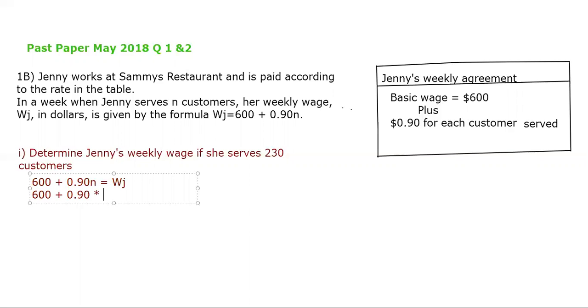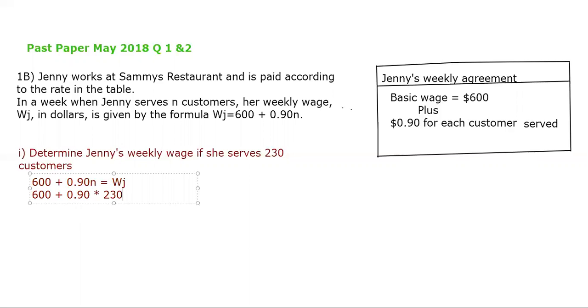That number would go to multiply with the 90 cents, right? Because remember that 90 cents is for each customer served. So therefore, you would multiply the amount of customers by the 90 cents, right?